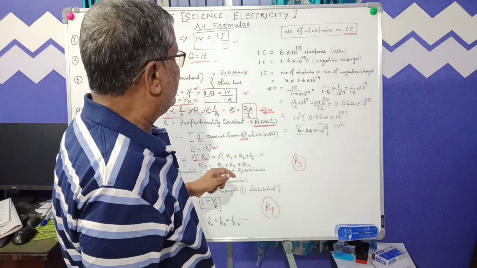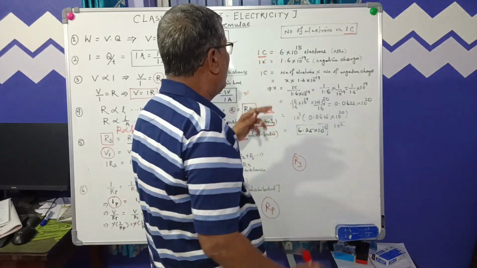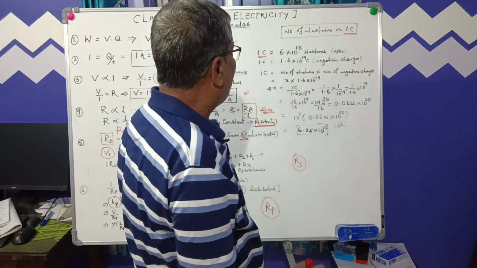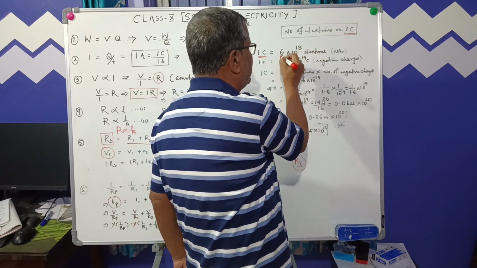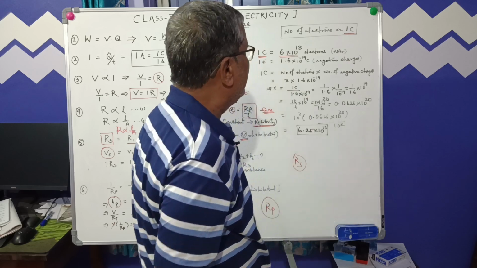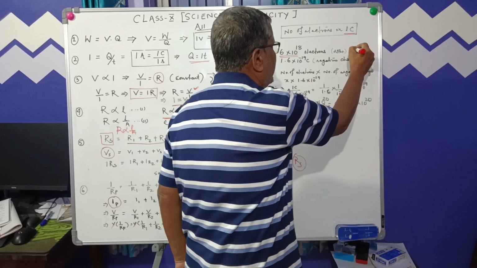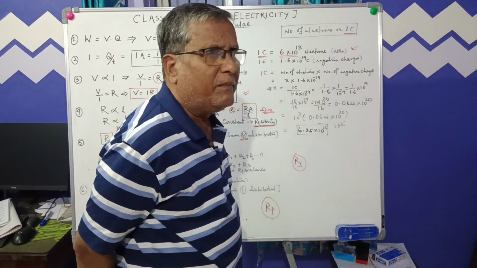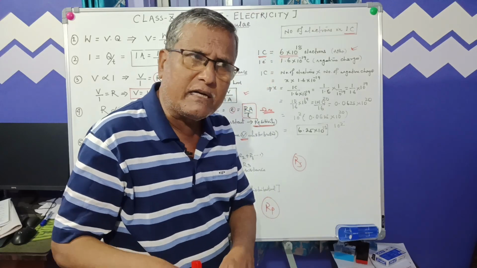It is already written in your book that 1 coulomb of charge is equal to 6 into 10 power 18 electrons. The answer is already given here, but it is approximate.